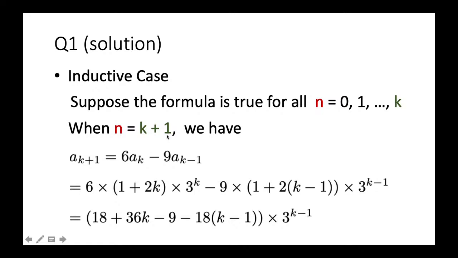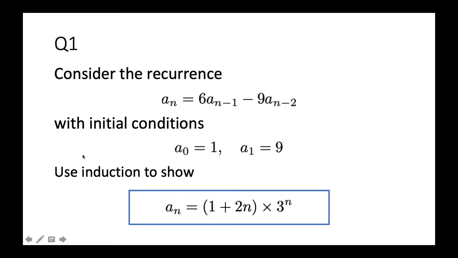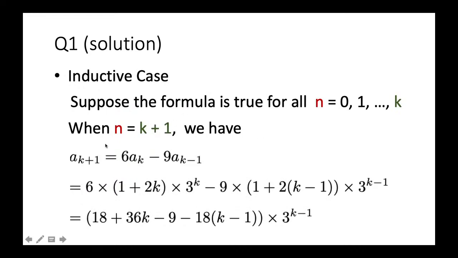Now when n is equal to k plus 1, what do we know? We copy what we have here: a_(k+1) is always equal to 6 times a_k minus 9 times a_(k-1). This is always true. The next part is our inductive assumption.